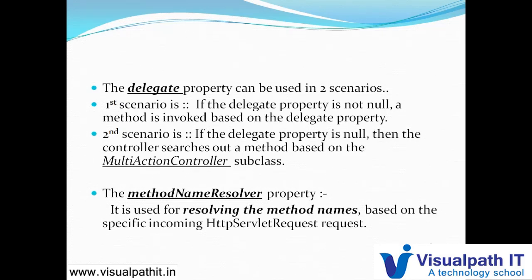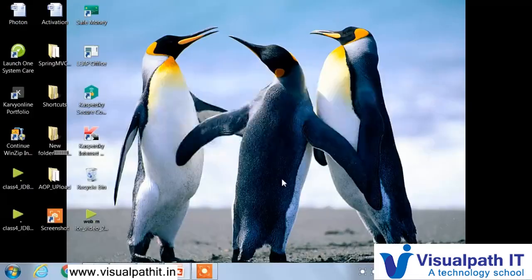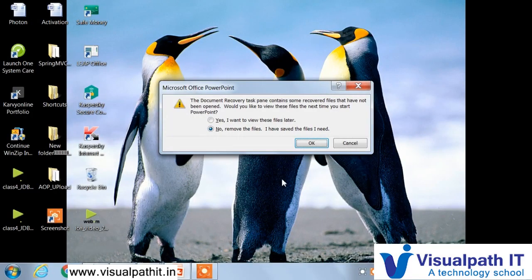Next, the method name resolver property of this particular multi-action controller class is injected by the MethodNameResolver interface. We also have the MethodNameResolver interface. This particular interface is implemented by some classes like InternalPathMethodNameResolver.